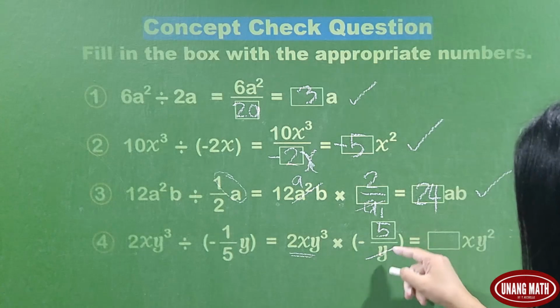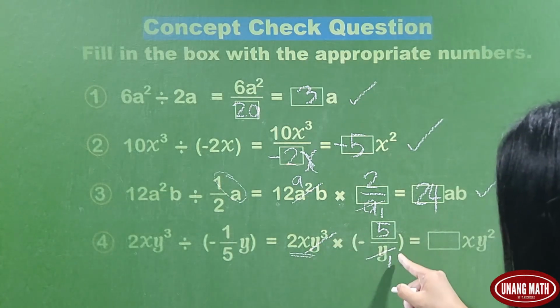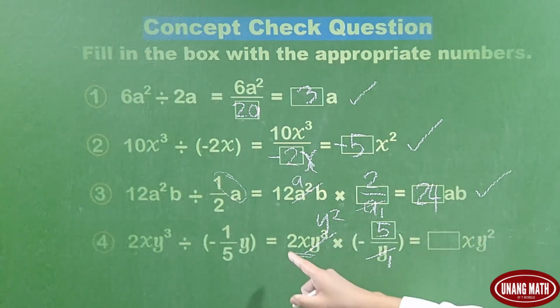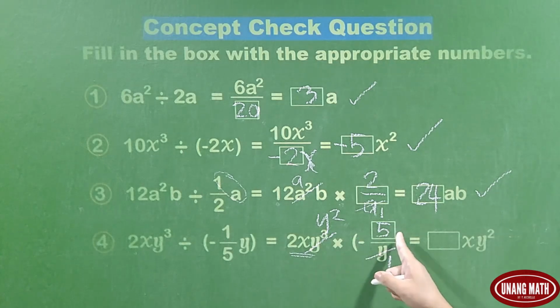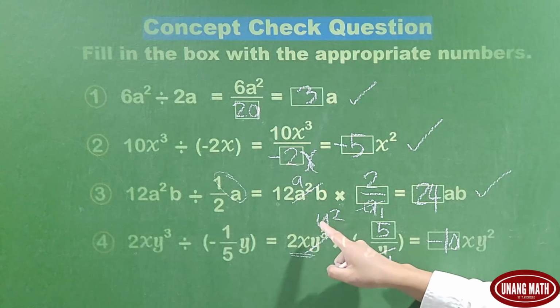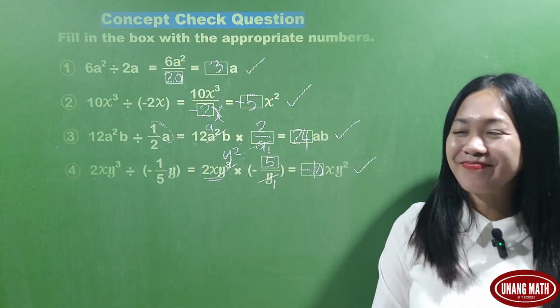Simplify first before multiplying. y and y raised to the power of 3 can be simplified. So this is 1. This is y squared. 2 times negative 5, that's negative 10. And x times y squared is xy squared. So we have negative 10xy squared.